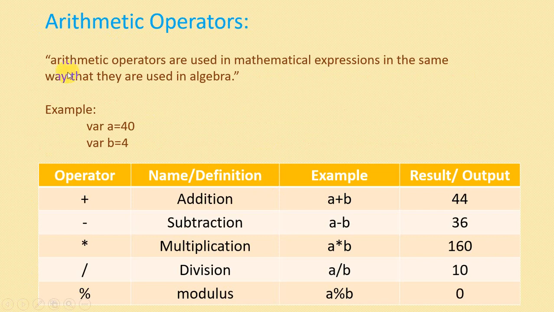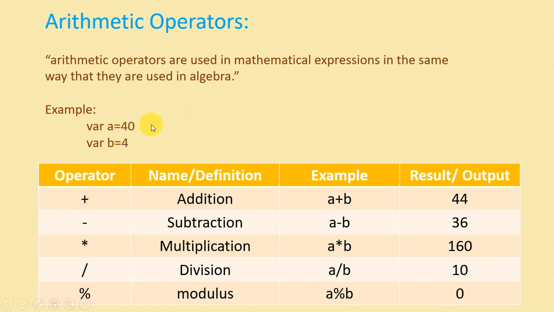Arithmetic operators are used in mathematical expressions in the same way that they are used in algebra. In JavaScript the objective, the purpose, and the style are the same; you just have to use JavaScript syntax. If you write a plus b in algebra, and the value of a is 40 and the value of b is 4, the output will be 44.